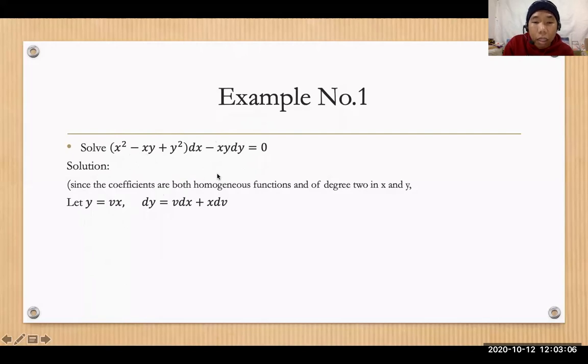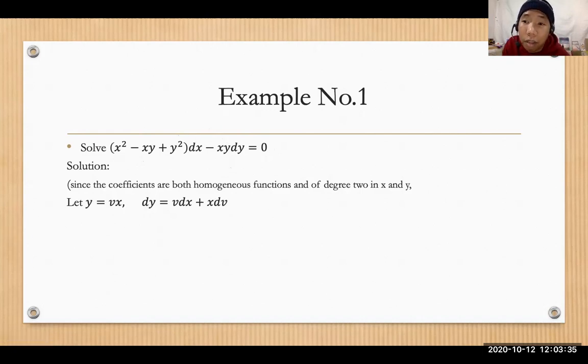So replacing y equal to vx and also dy with these two terms will actually be more convenient to solve. Just imagine if you were to replace x and dx: you would have a three-term polynomial multiplied by a two-term differential, v dy plus y dv. It would be quite tedious.